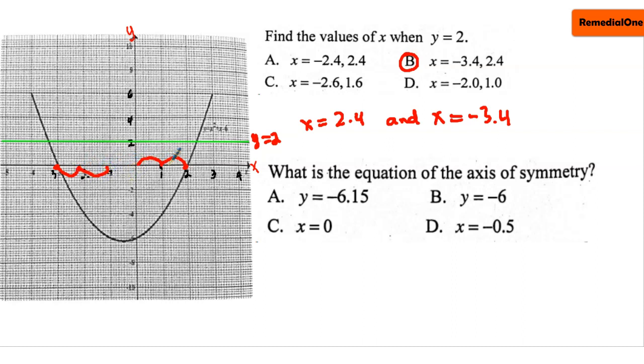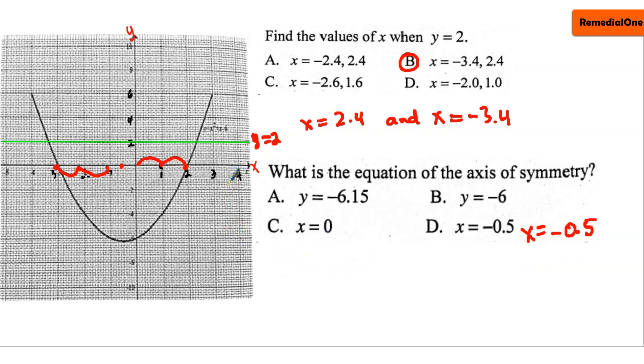So here we got 2, so we have to come to the midway, which is between 0 and negative 1, and that is negative 0.5, and it's on the x-axis. That's one way.